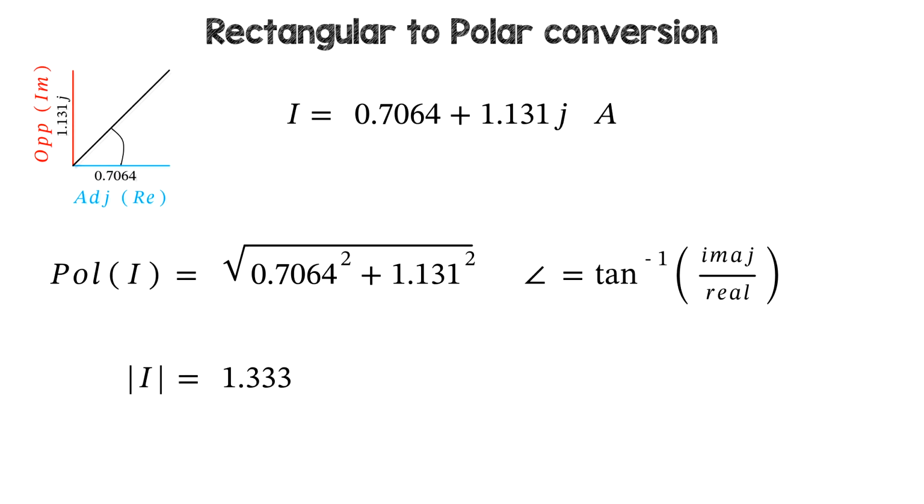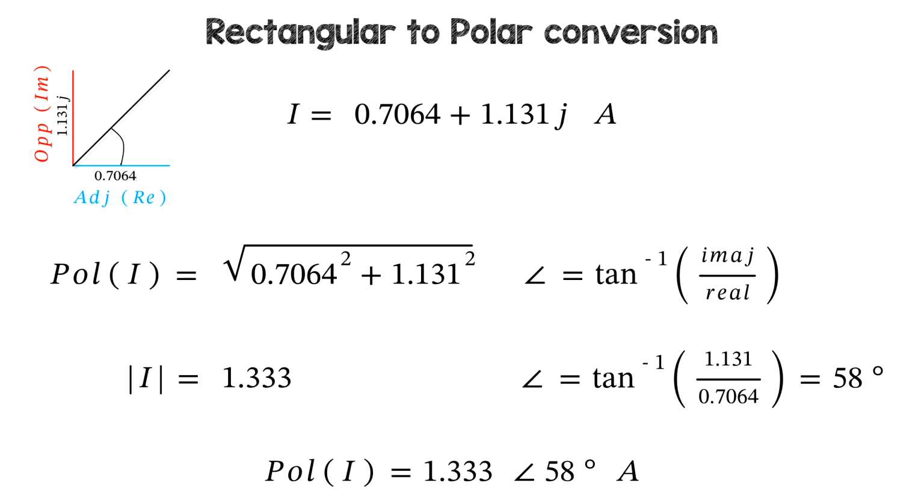So that's 1.3 recurring is the polar modulus, and the argument, or angle, is tan to the minus 1 of imaginary over real, which gives us the polar argument, or angle, of 58 degrees. So the polar version of our rectangular current is 1.3 recurrent amps at an angle of 58 degrees.